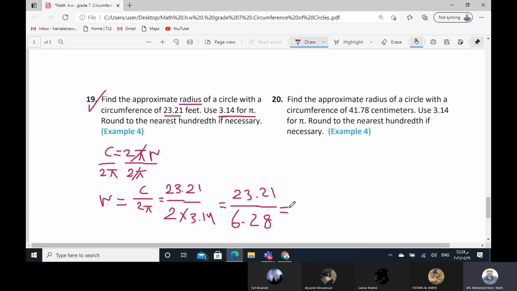So the answer will be about 3.52, and the unit will be feet. Who has any question here? No questions. Yes, and number 20 the same idea.